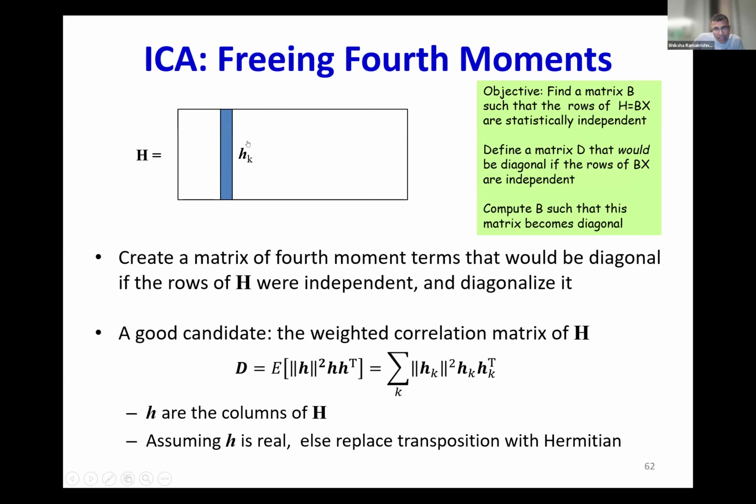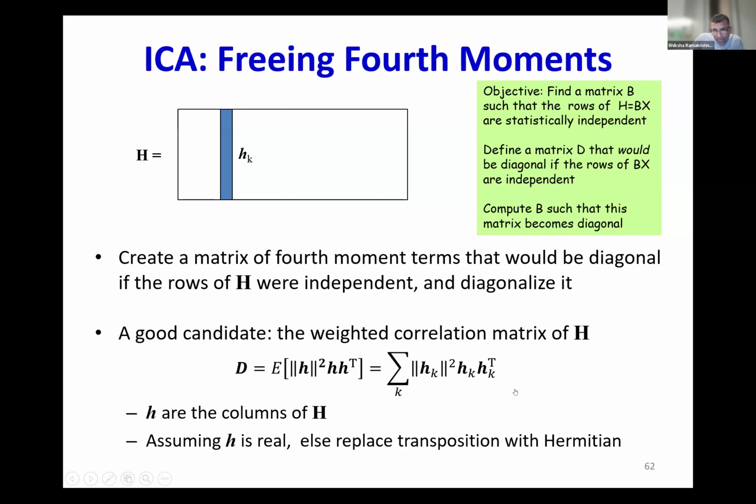So here is one 4th order moment matrix: if each column were called H, then I can multiply H by H transpose, and then scale the whole thing by the squared norm of H. The empirical equivalent for this expectation is simply the average over all the columns of H of this term, where for each column, I'm multiplying the column by its own transpose, but also multiplying it by the squared norm of the column.